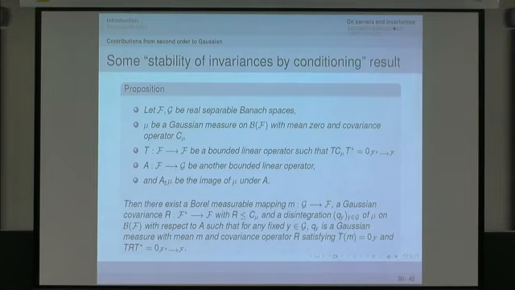Basically what the result is telling you is that if you think of the GP as a prior measure on function space, that is a Gaussian measure, and you look at the posterior measure, and you assume that your covariance operator is left invariant by the operator T, then this will be carried over to the posterior measure, so that there exists a disintegration of the measure such that whatever the conditioning, you still have invariance of your posterior distribution.